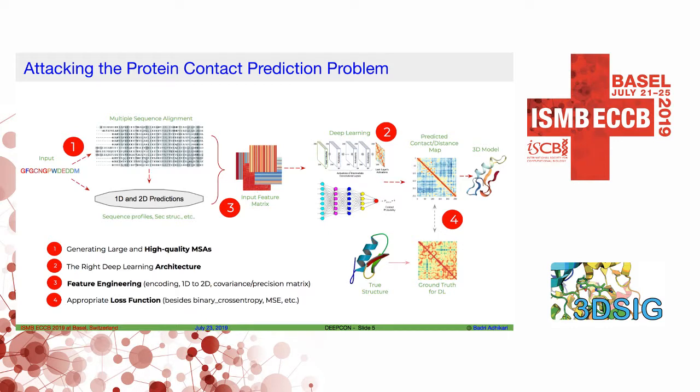We just use the top L by 2 contacts. What's interesting is that of all these four places, three of them are places where deep learning can bring progress. So I'm going to focus on one idea to improve the existing deep learning architectures.